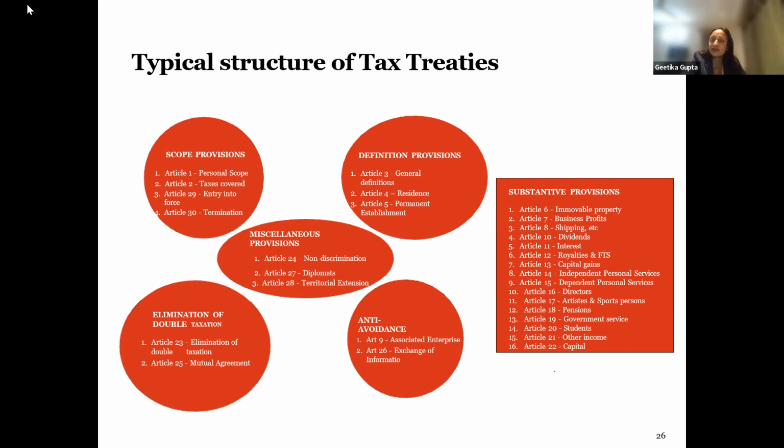But it's important to see what the facts are, what is the nature of the underlying transaction on which the tax has been withheld. Assuming that the same transaction is taxed in India being the country of residence, and also taxed in the US being the country of source, and tax is withheld, then yes, the tax treaty provides for a tax credit mechanism. That is against the tax liability of the Indian company. The taxes which have been paid in the US can be claimed as a credit.